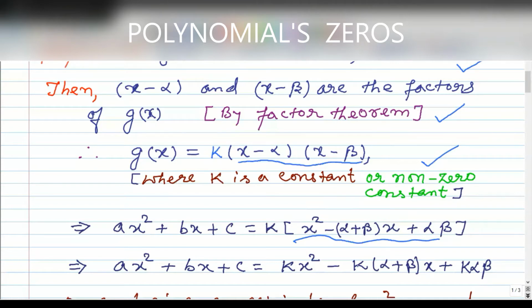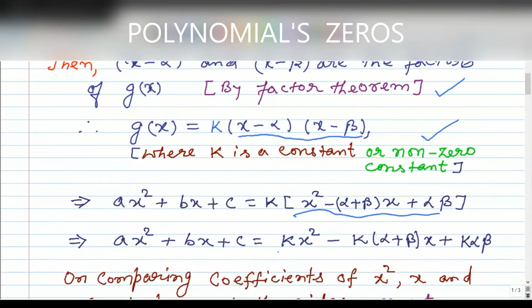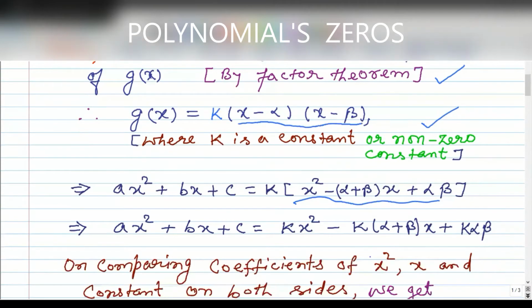Next, taking out k from the bracket, on the right hand side we get kx square minus k(alpha plus beta) x plus k into alpha into beta.